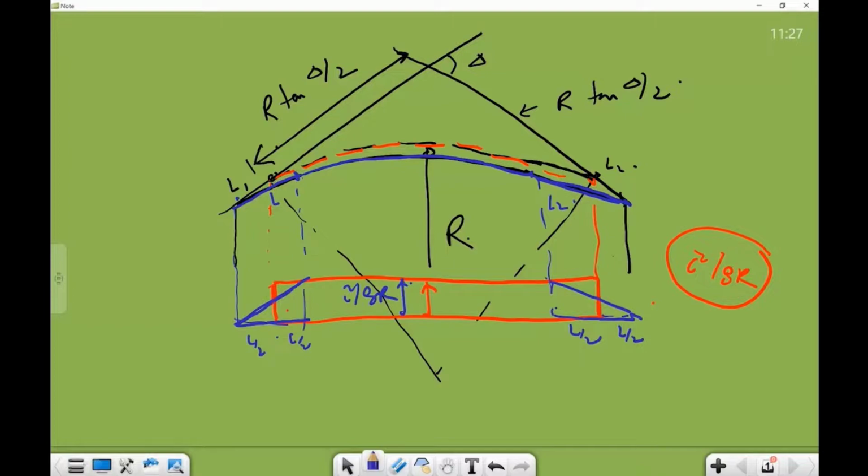Now when I provide same transition, I don't have any issue, because this shift at every location is going to be L square by 24R. R is same, L is L1, I took L1 on both sides, so there is no issue. R I have also taken as R1, there is no issue. So this type of curve we don't have any problem laying, and this is how we are supposed to lay our curve.